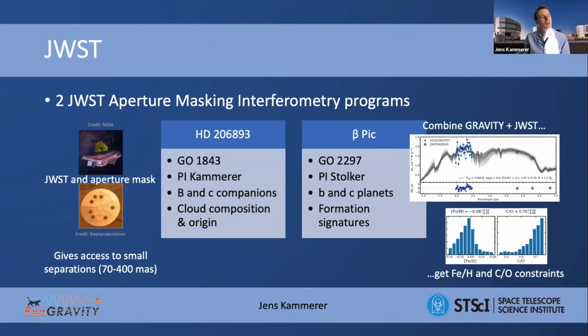Yes, sure. For the C companion in HD 206893, it was really a bit more difficult than with Beta Pictoris because the radial velocity data didn't tell us so much. It just told us that something has to be wrong and there must be another companion, but it didn't really tell us as much as for the Beta Pictoris companion. So we also added the Gaia proper motion anomaly.